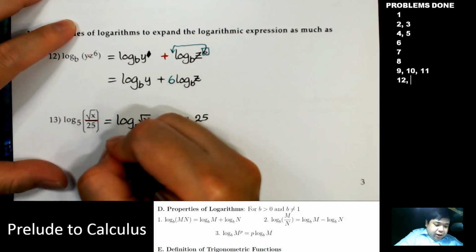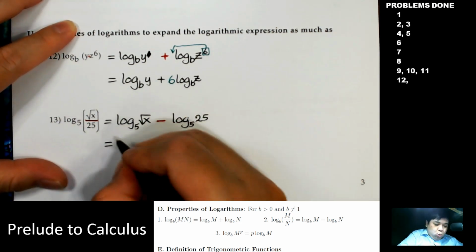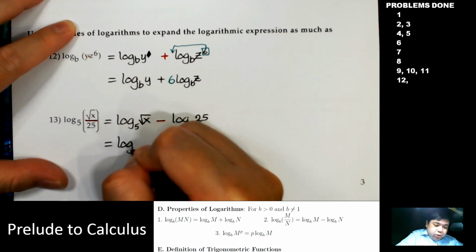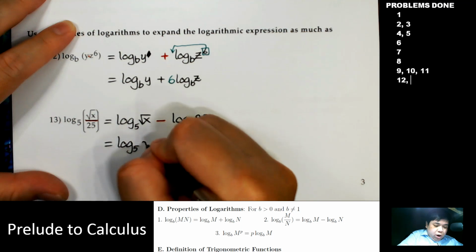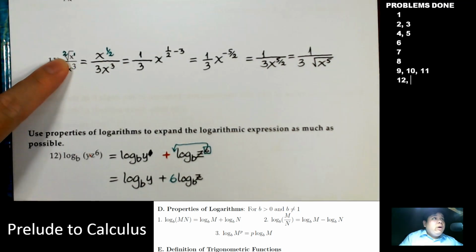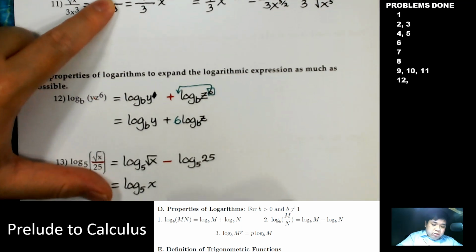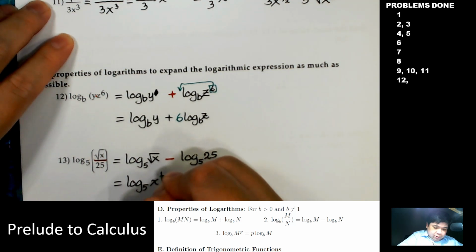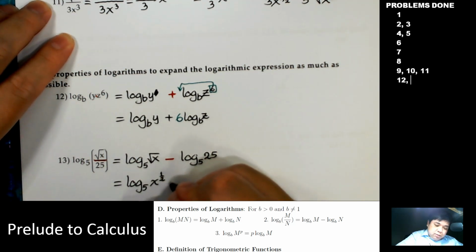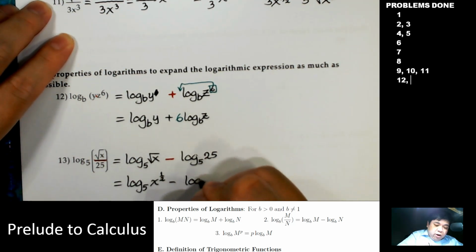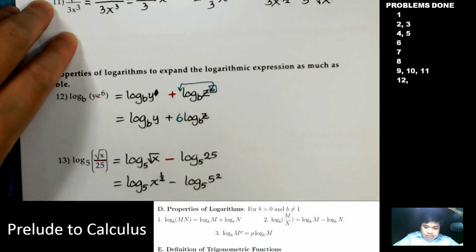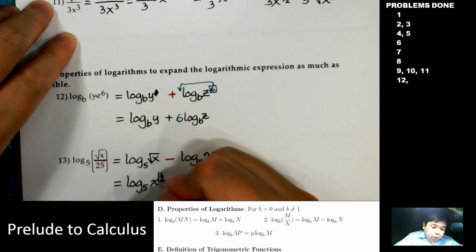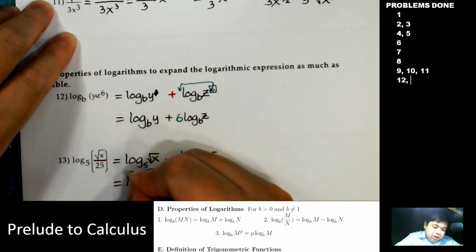Right. Next, square root of x, similar to the previous problem. Square root of x we rewrite as x to the 1/2 power. And 25 we can also write as 5 squared. We can take the power outside.